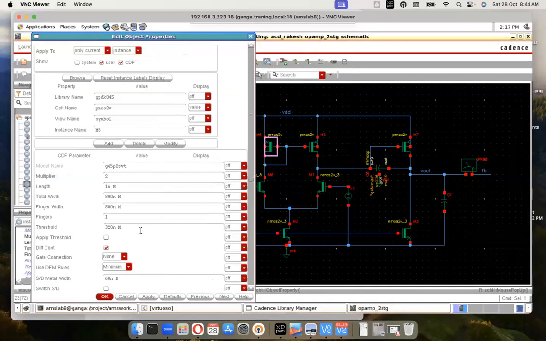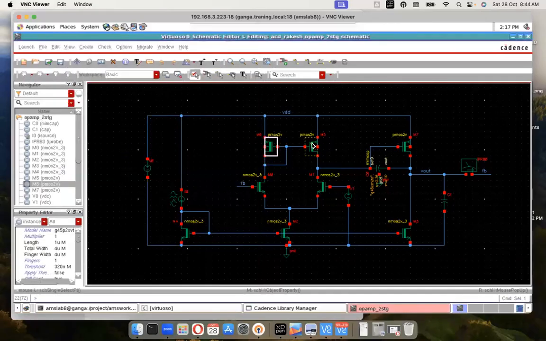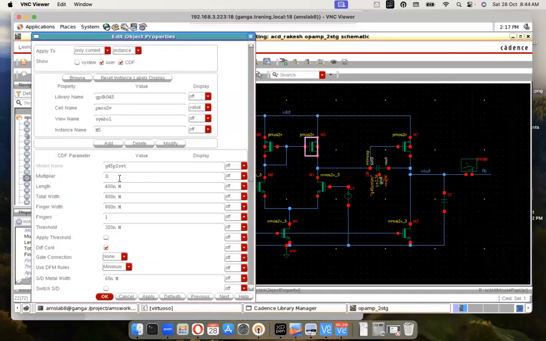Because it gives us better resistance with the higher length. That's the reason we have put a higher length here. So it's 4 by 1 micro, 4 by 1. So W by L is 4. I've given it as 4 by 1. Similarly here.